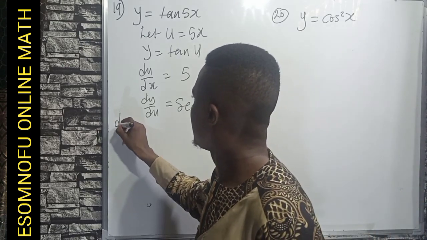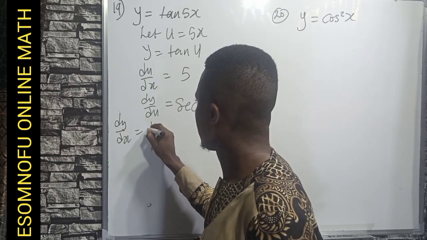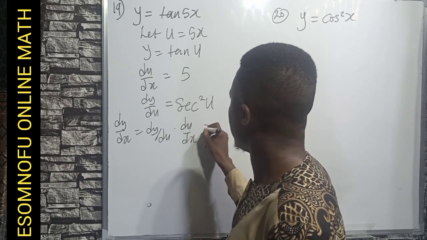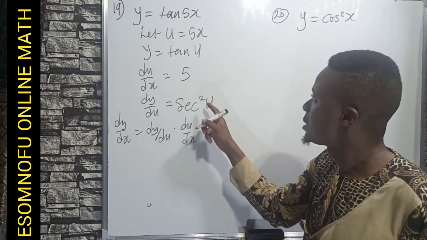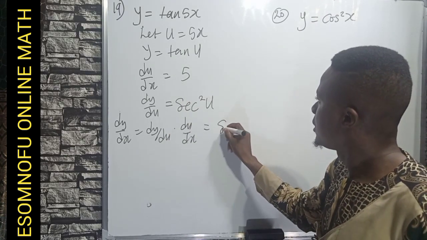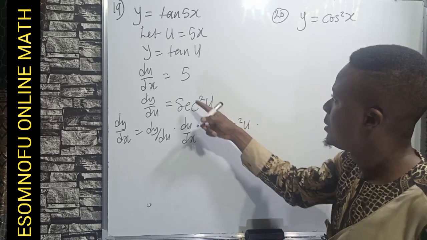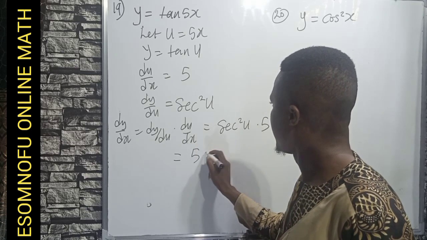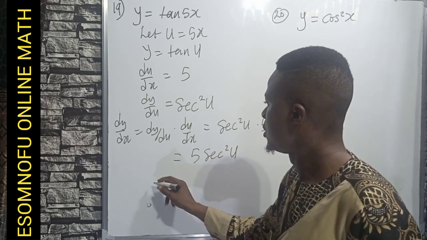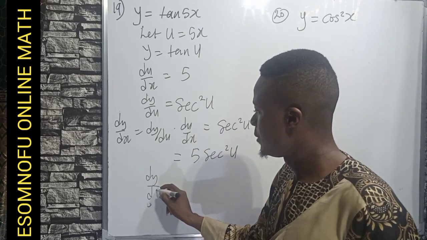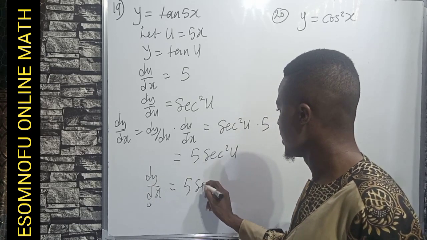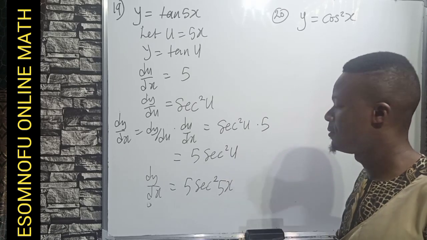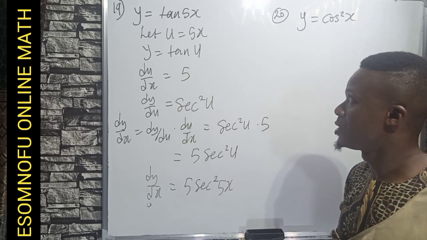From chain rule, dy dx is equal to dy du multiplied by du dx, and that will be sec squared u multiplied by 5. By that multiplication, we get 5 sec squared u. So therefore, dy over dx shall be 5 sec squared 5x. And this is the solution to number 19.